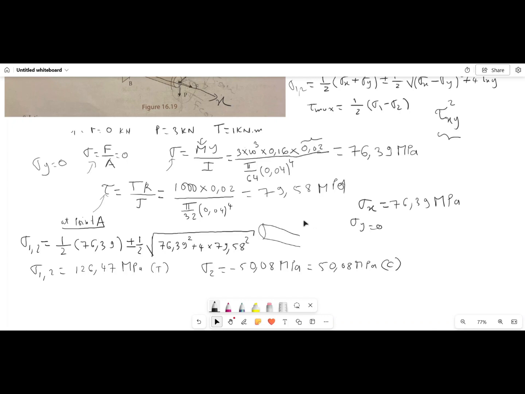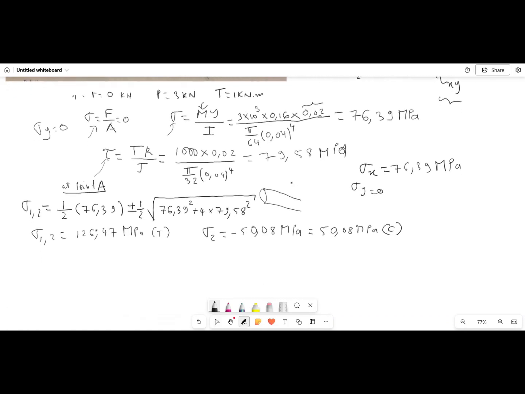Now, there is another formula to solve for maximum direct and shear stress, which is this one. I'm trying to write it to make the difference between the shear stress. If you remember the formula I've given you, it is rho 1, 126,47 minus the negative 50,08, divided by, is it by 2?